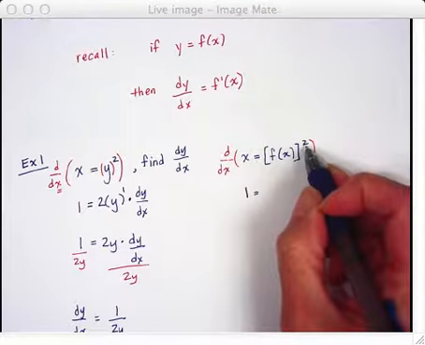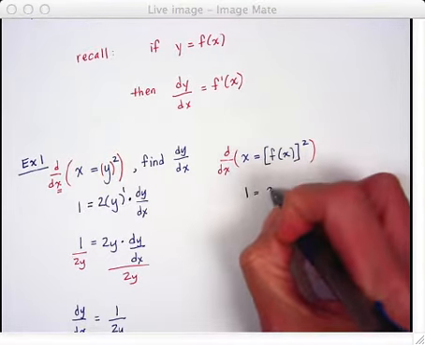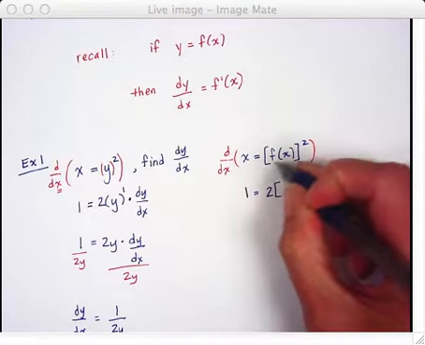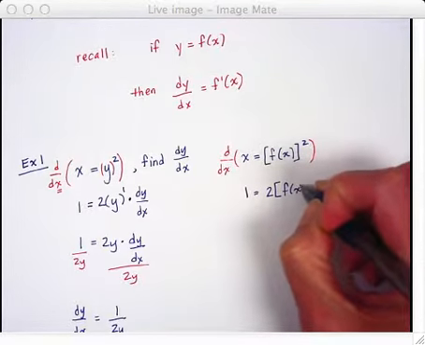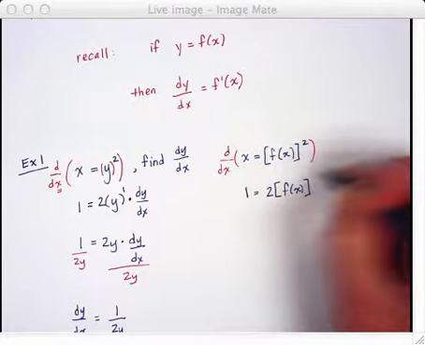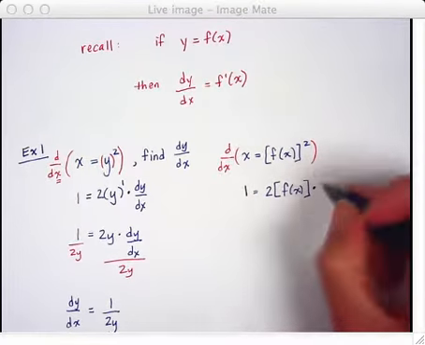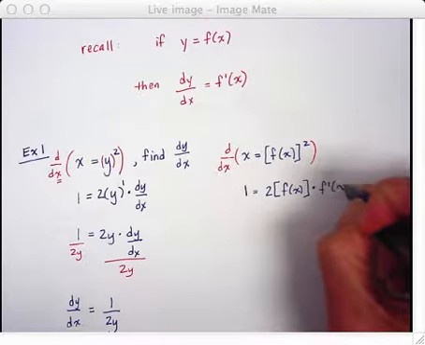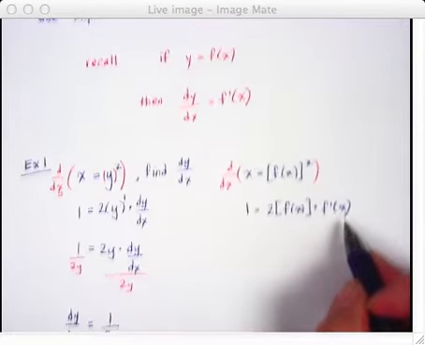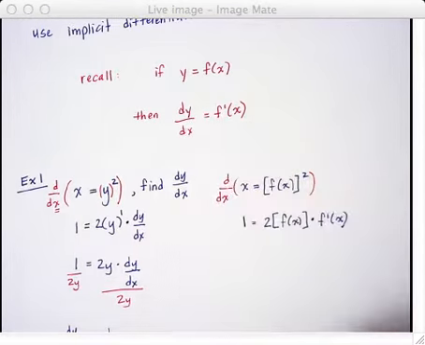So I have to use chain rule, move the 2 out to the front, keep the inside function the same. The exponent becomes a 1. You don't have to write it. And then I have to multiply times the derivative of the inside function, which is f prime of x. F prime of x is the same thing as dy/dx.